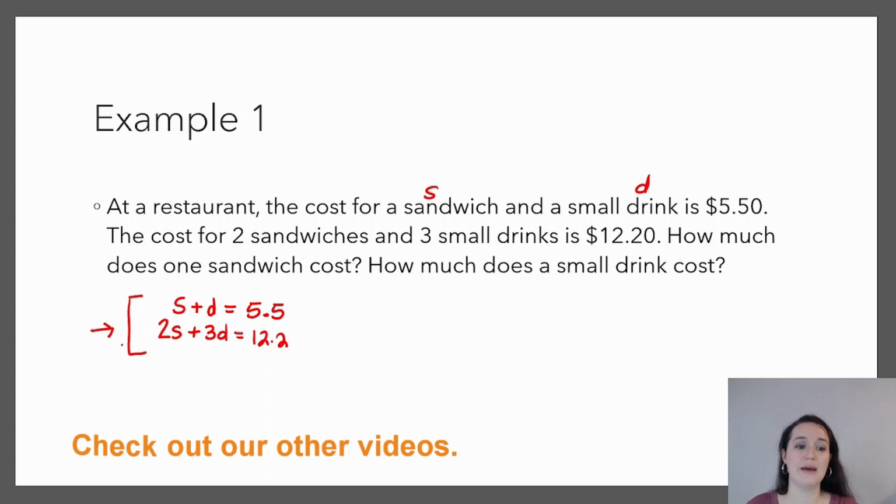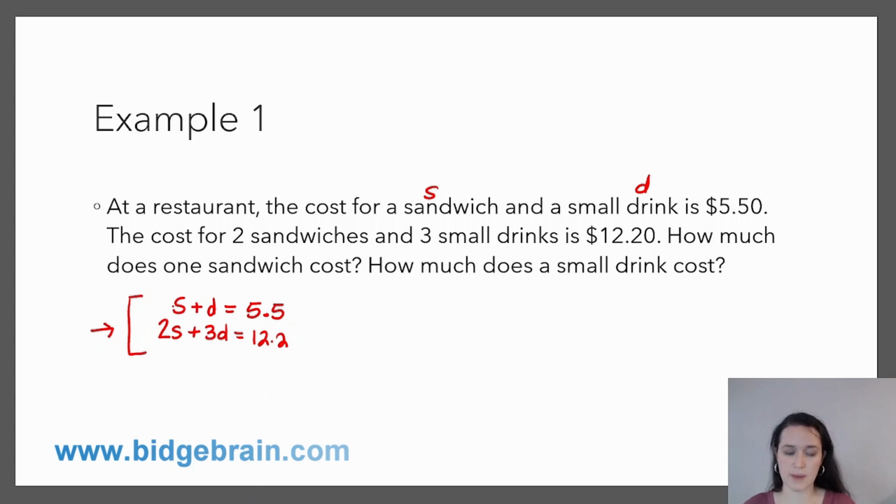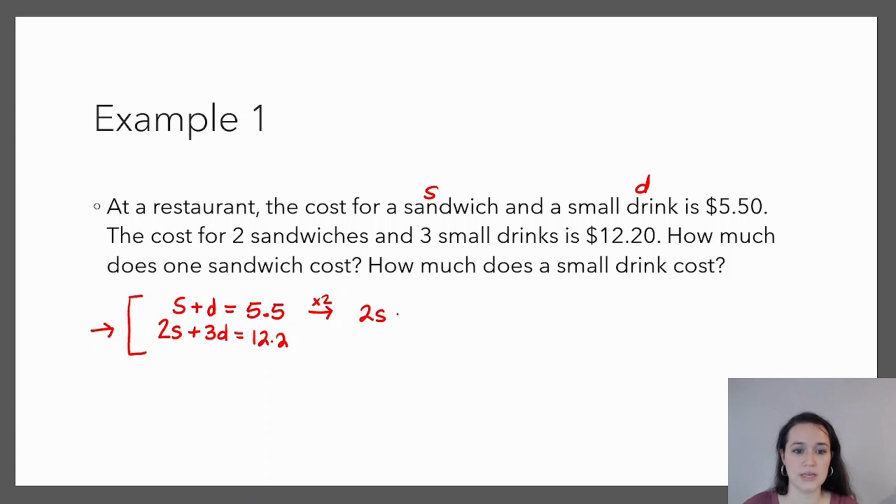Now we need to solve it. I'm going to use elimination, so I'm going to multiply the top one, everything, by 2. So that's 2 sandwiches plus 2 drinks equals $11, and then here's my 2 sandwiches plus 3 drinks, just copying what I have.